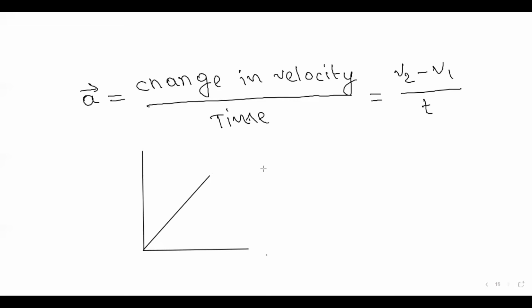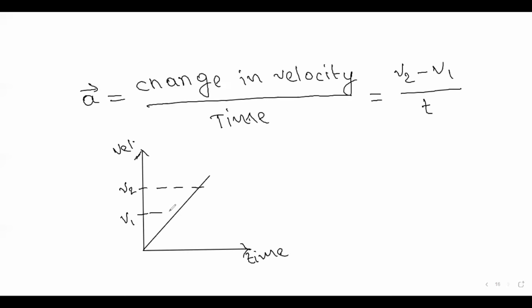This time we have taken a velocity time graph, meaning the velocity is in the y-axis, and this one should be the time. Okay, so I'm just going to write it as V1 and V2.